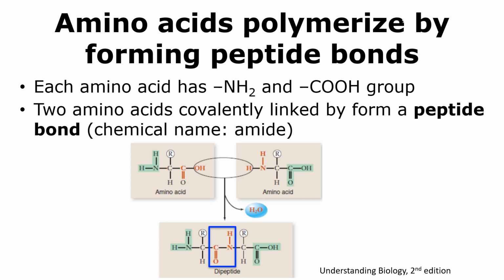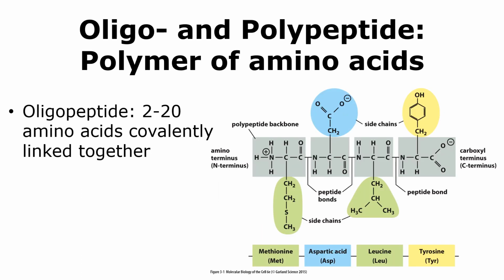When up to 20 amino acids are joined together, the molecule that is formed is called an oligopeptide. Now, in an oligopeptide, when we look at one of the ends, there's always going to be a free amino group, and this part is called the N-terminus or amino terminus.